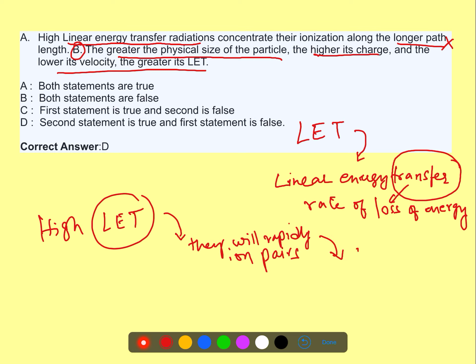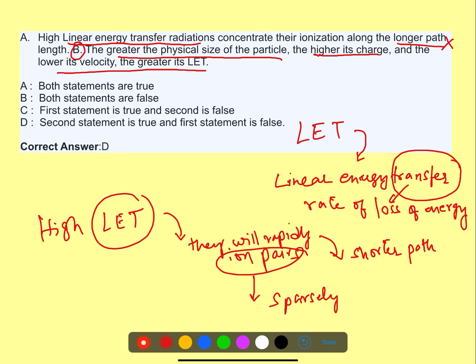That is, the energy is lost frequently or completely within a short period of time. But if there is a low linear energy transfer, the ion pairs are produced sparsely, that means slowly, hence the ionization will go along a longer path. So the first statement is false.